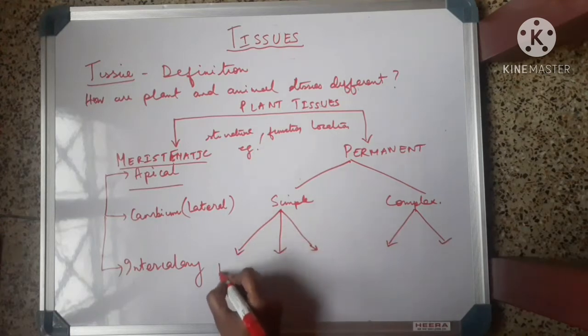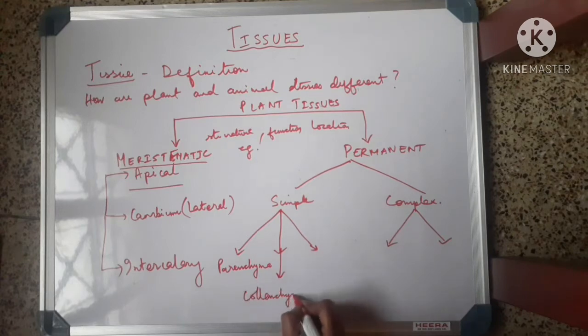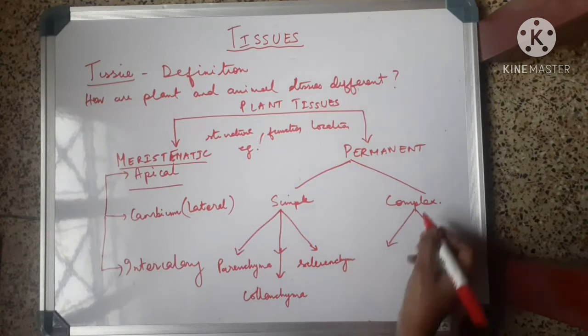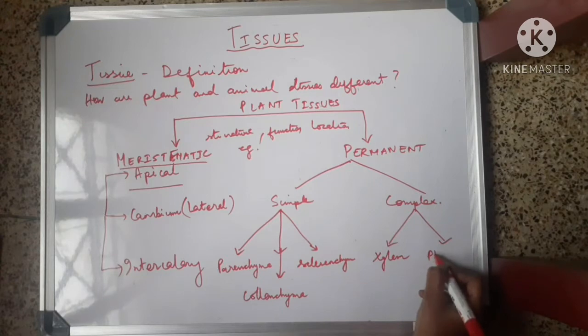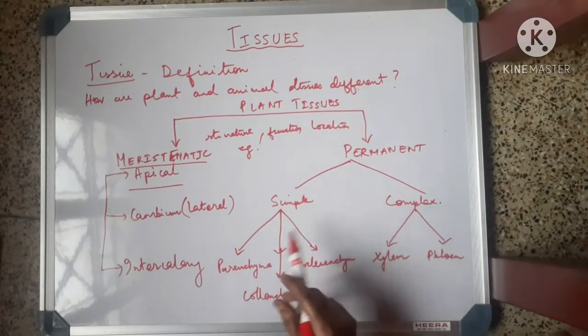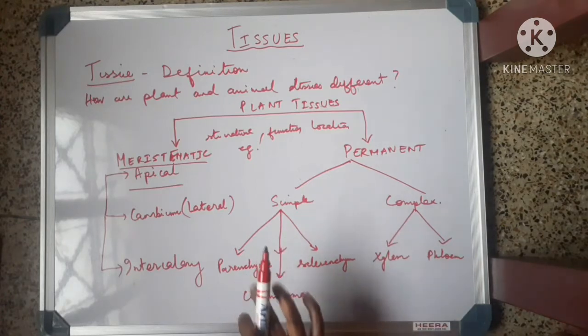The three types of simple permanent tissues are parenchyma, collenchyma and sclerenchyma. And the two types of complex tissues in plants are xylem and phloem. For each of these tissues, you should know their location, structure, function with an example where it is found on the plant body.